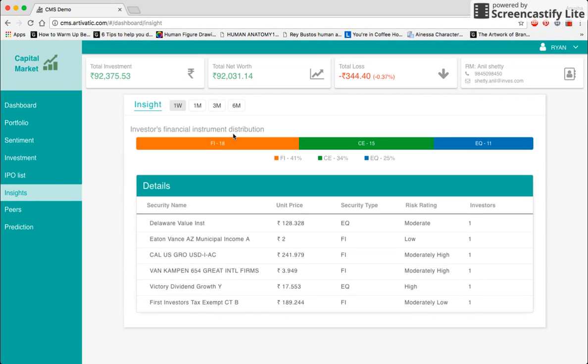The insight page shows the overall insights across the platform, how many stocks have been invested in each kind of fund, and what are the values of these stocks. And this can be viewed in a chronological format from 1 week to 6 months.